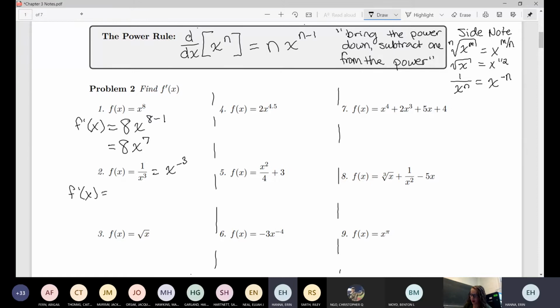Bring the power out front. Subtract 1 from the power. So negative 3 x to the negative 4th. And I'm just going to keep pausing for a slight moment afterwards in case there are questions, but then I'm just going to keep moving on.